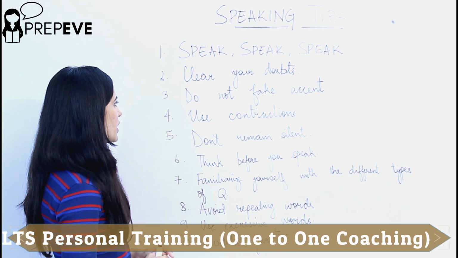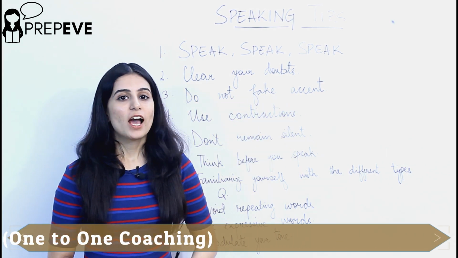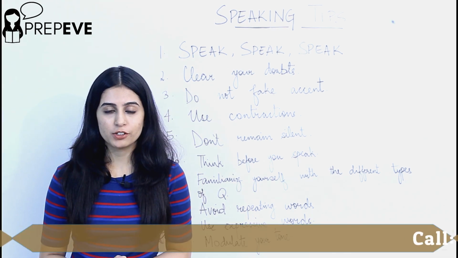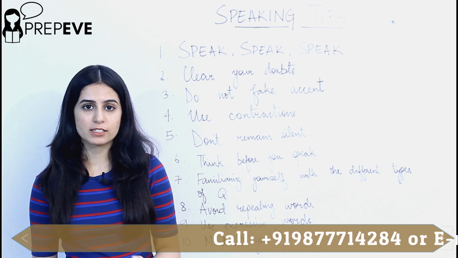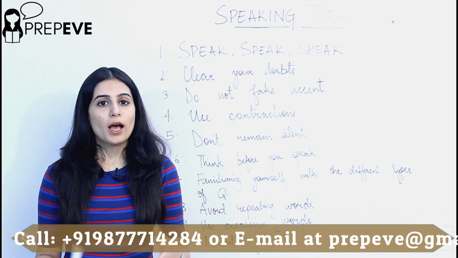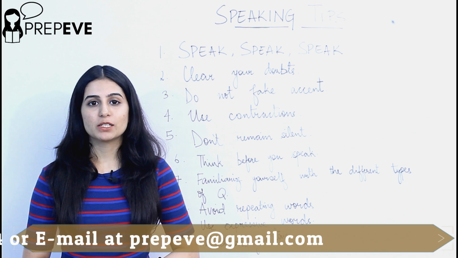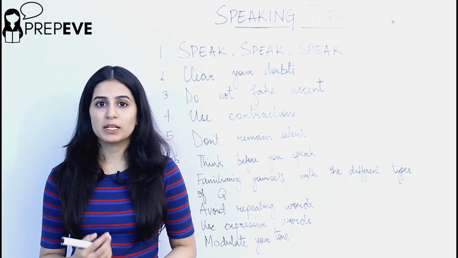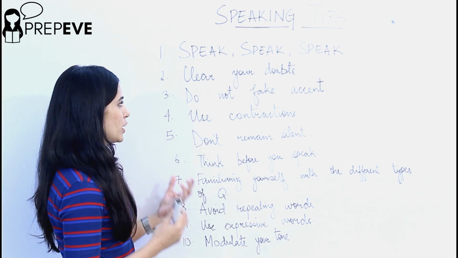And the next one is do not fake accent. Yes, I've come across this a lot of times that accent matters, you need to speak in a certain accent, American, British. No, the answer is a plain no. You don't have to fake accents, you don't have to imitate accents, just be the way you are.